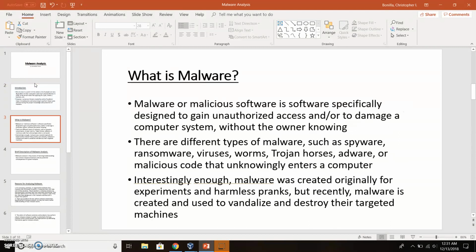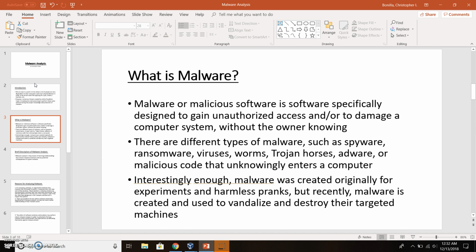Now, what is malware? Malware, or malicious software, is software specifically designed to gain unauthorized access and/or to damage a computer system without the owner knowing. There are different types of malware, such as spyware, ransomware, viruses, worms, Trojan horses, adware, or just plain malicious code that unknowingly enters a computer system.